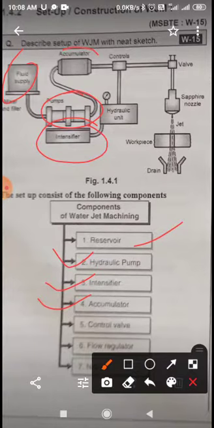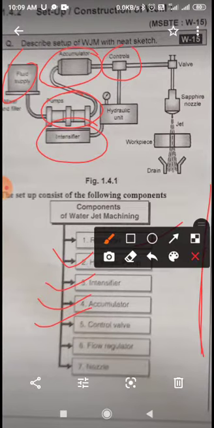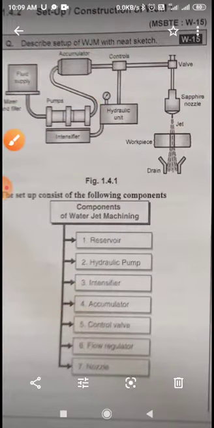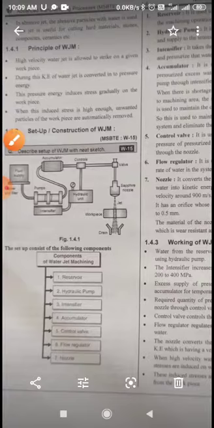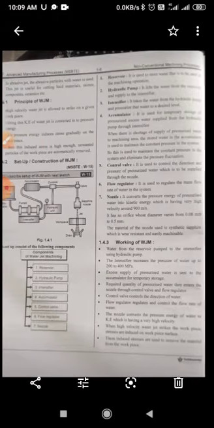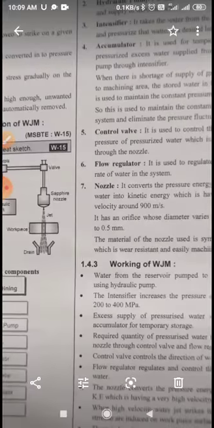Accumulator, here is the accumulator. Then the control valve, then the flow regulator, and the nozzle. These are the different components of the water jet machining process.